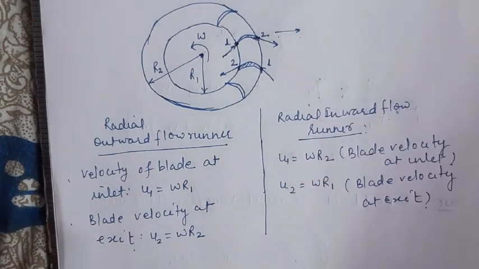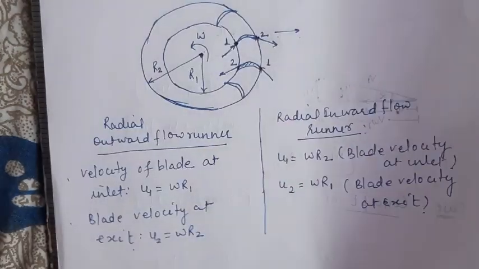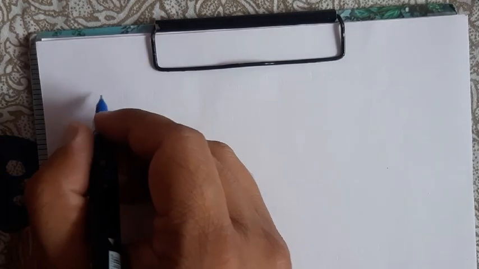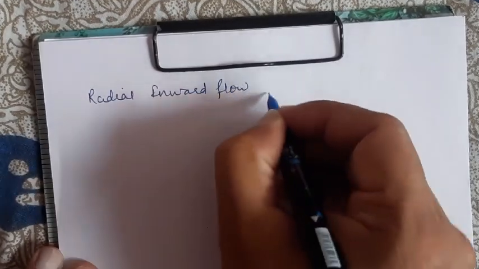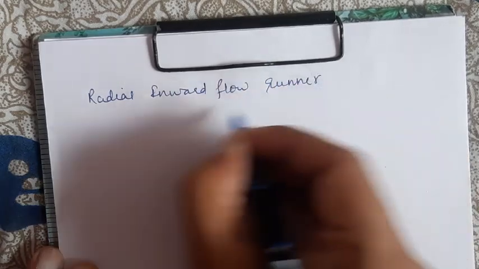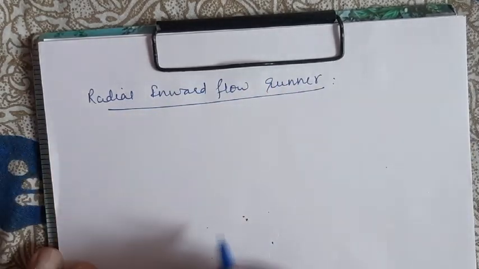Now let's see each and every concept in a different manner. See, let me talk about a radial inward flow runner.